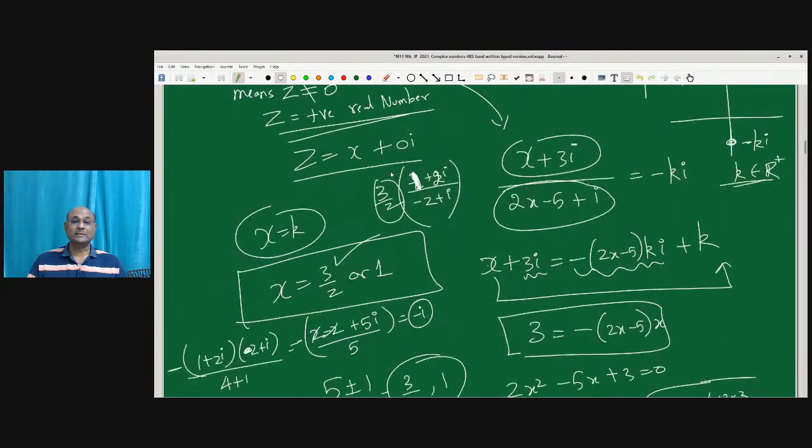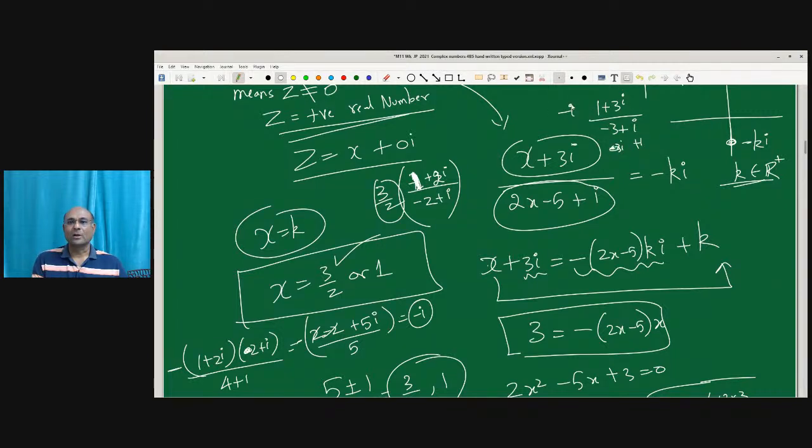What if I substitute x is equal to 1? I'll get 1 plus 3i by minus 3 plus i. And so if I now multiply the numerator by i, and denominator by i, this will become minus 1. This will become minus 3i. I can take the minus sign, make this 1 plus 3i.